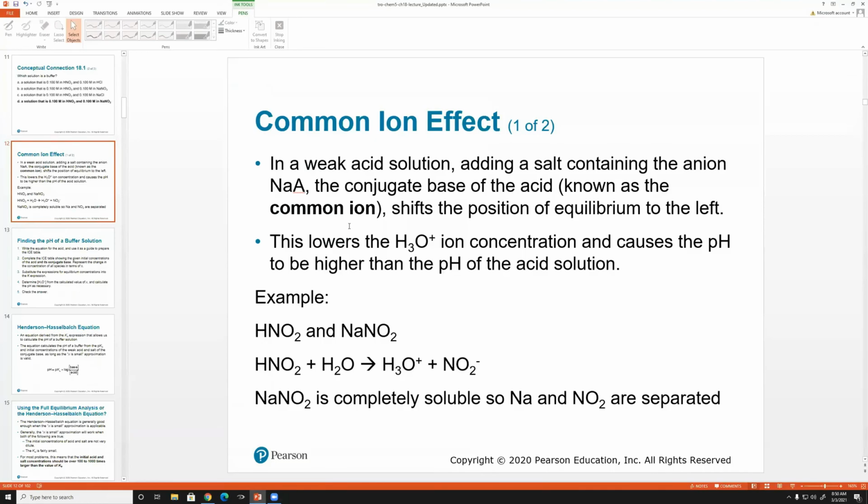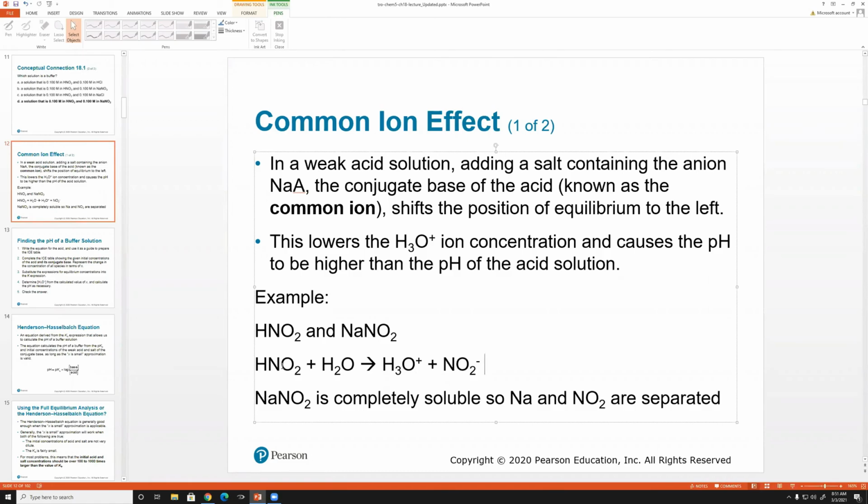Now, the common ion effect is very important for buffer systems and very important for solubility, which we'll get to later in the chapter. But it basically means if you have an equilibrium like we do down here with HNO2, which is nitrous acid, and its conjugate base, if we add more of this conjugate base, it'll shift the equilibrium to the left because they're common ions.